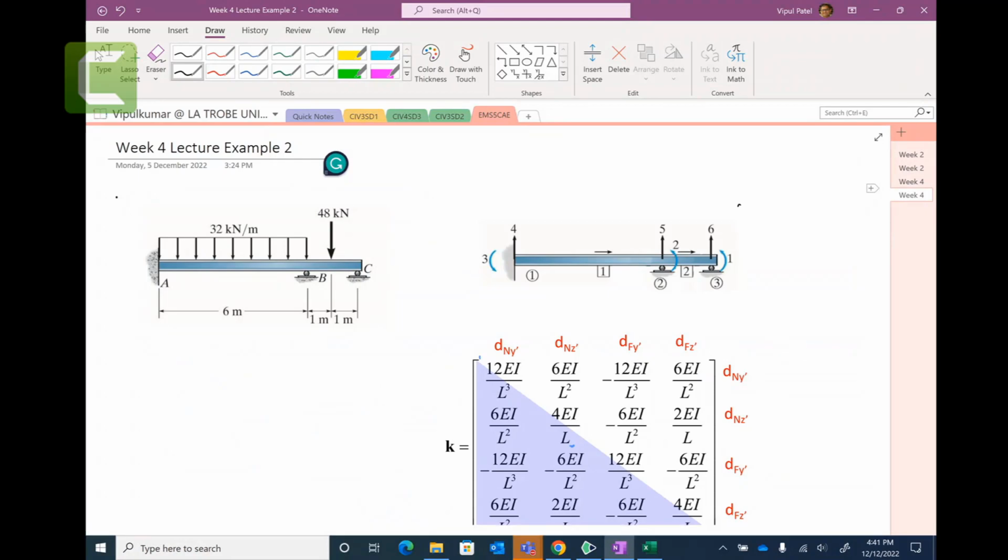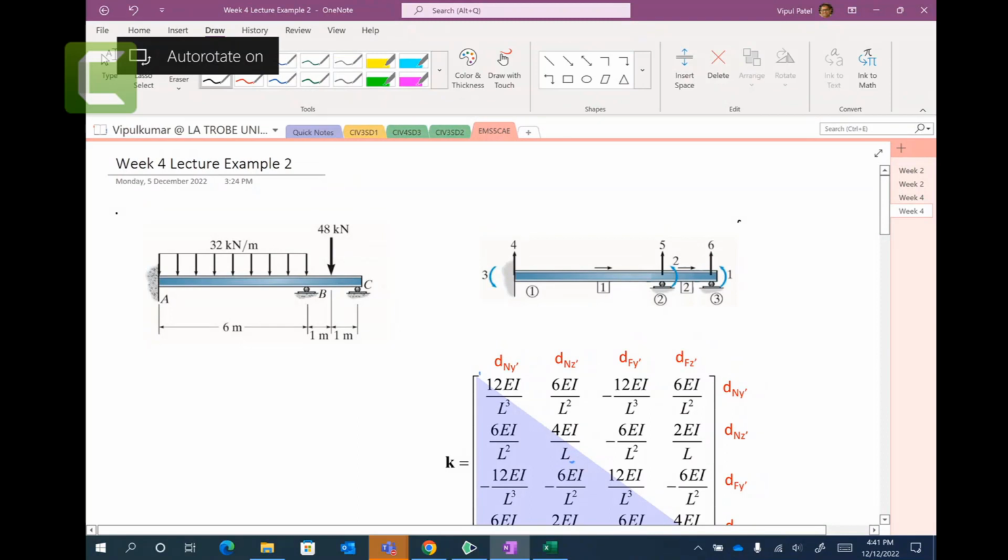And lastly, we can do the space case. Okay, I think you remember these ones over here.